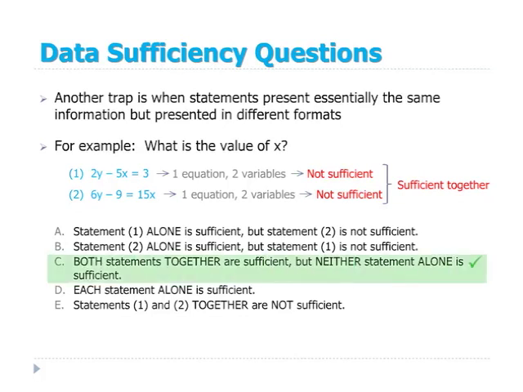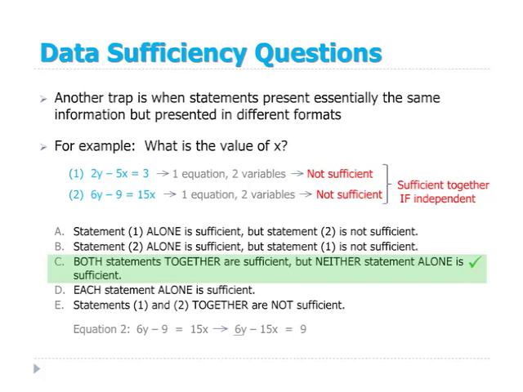But the trick is that in order for the system of two equations with two variables to be solvable, the equations must be independent, meaning they have to state different information. The two equations above are essentially the same equation, but in a different form. Take the equation from the second statement. 6y minus 9 equals 15x can be rewritten as 6y minus 15x equals 9.